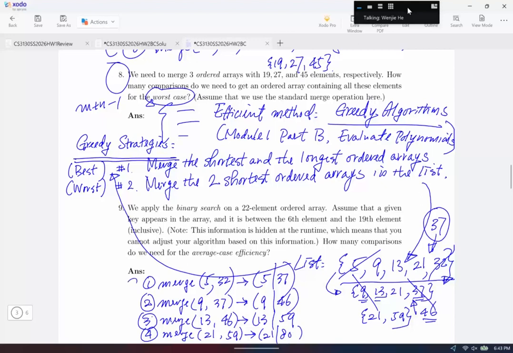Then, to calculate the total, you only use the 4 numbers from the first column. So we calculate the total: 5 plus 9 plus 13 plus 21. That's the best case strategy. The worst case is different, but I do not need to do the worst case example.